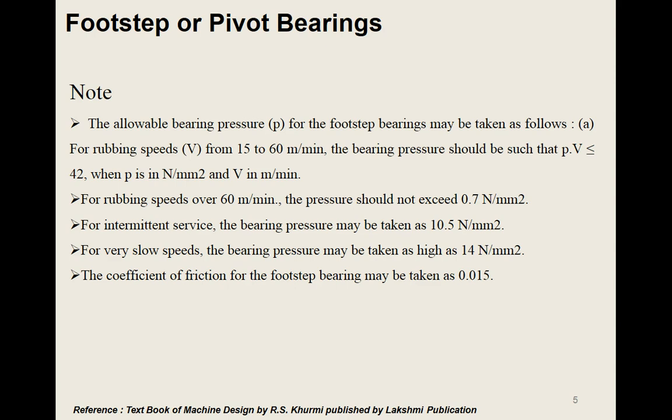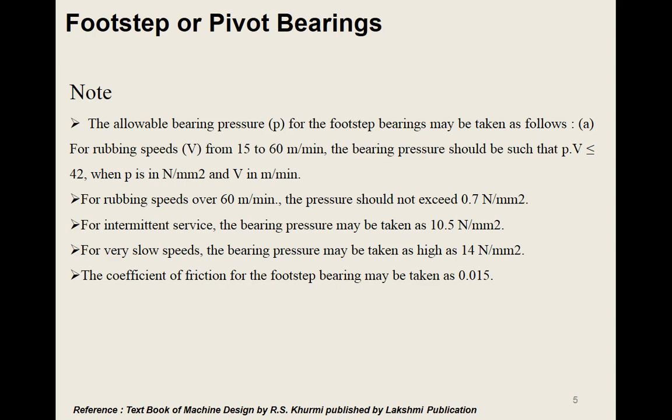If the rubbing velocity is over 60 meter per minute, then the pressure should not exceed 0.7 Newton per mm square. For intermittent service, the bearing pressure may be taken as 10.5 Newton per mm square, and for very slow speed, the bearing pressure may be taken as high as 14 Newton per mm square.